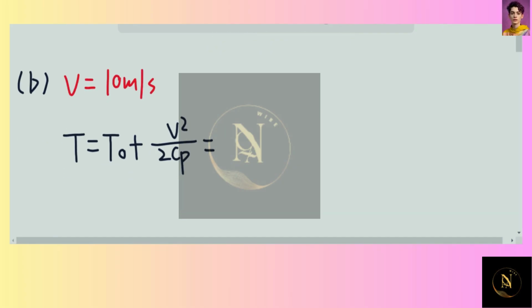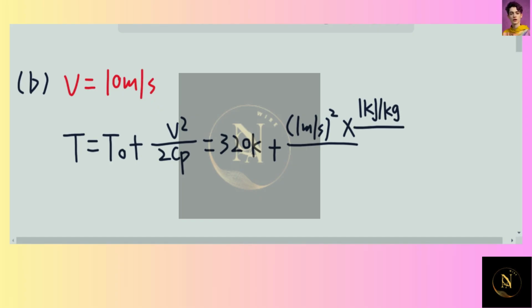So we have T0 equals T plus V squared over 2Cp, which is 320 Kelvin plus 1 meter per second squared, and then times 1 kilojoule per kilogram over 1,000 meters squared per second squared, and then over 2 times 1.005 kilojoule per kilogram times Kelvin, and this will give us the stagnation temperature.